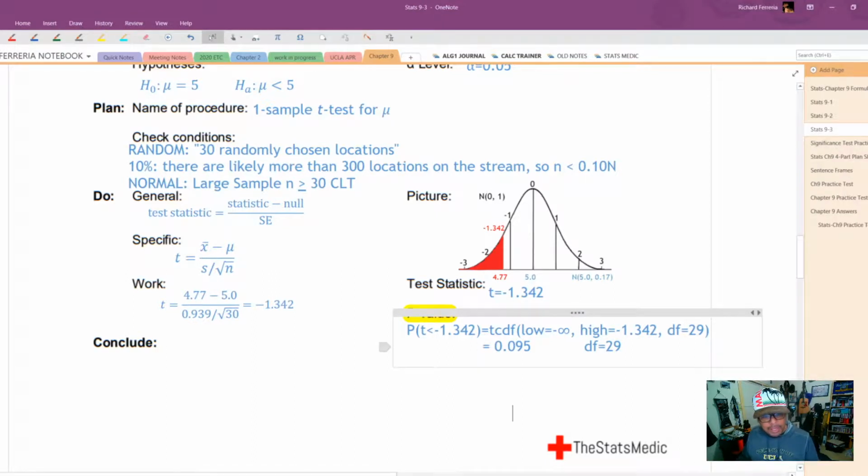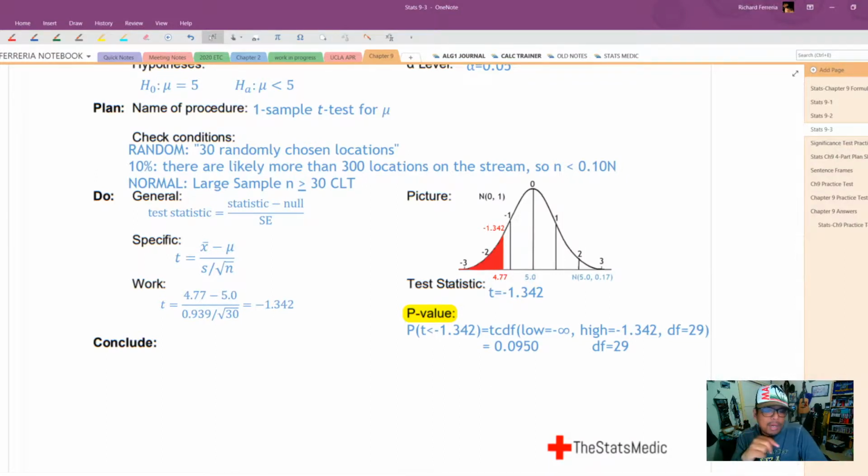Of course, there really is a 0 at the end here, but you do not have to write it. Also, I put df equals 29. If you're not writing the calculator notation on your paper, and you don't have to, make sure that you write somewhere on your paper that the df is equal to 29. And then we're going to conclude.